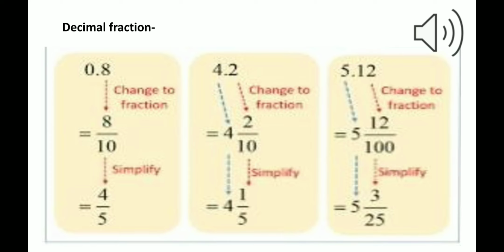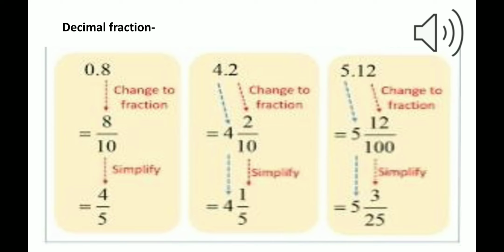When the denominators are 10, 100, 1000, 10,000 and so on, then the fractions are known as decimal fractions. Understood? The decimal fractions have denominators in terms of zeros like 10, 100, 1000, 10,000 and so on. In the other one, we have 4.2.